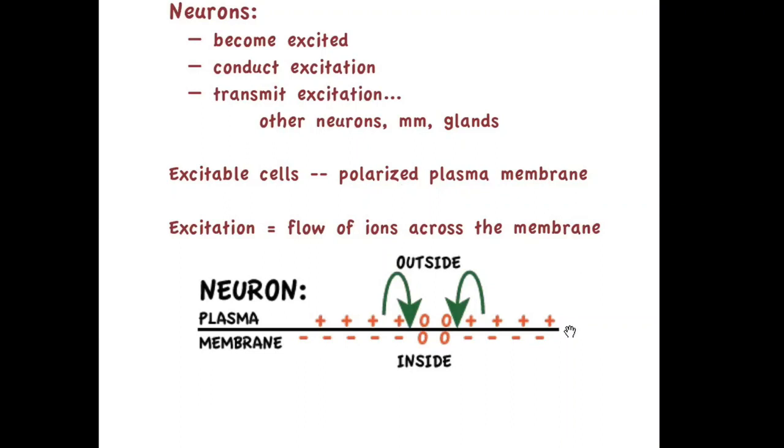The membrane acts as a barrier that keeps cations and anions separated. Excitation occurs when the barrier properties of the membrane decrease, so ions can flow through and neutralize one another or even reverse the polarity. In addition to this electrical gradient, ion flow across the membrane is driven by concentration gradients.